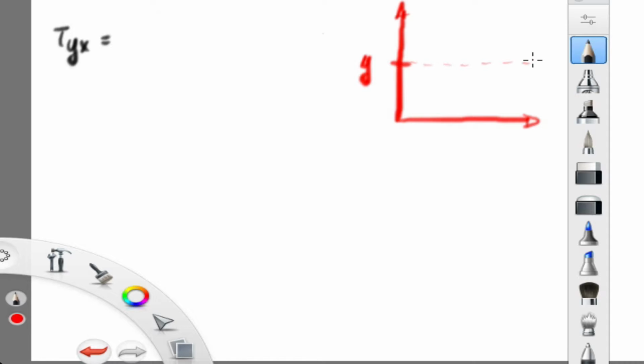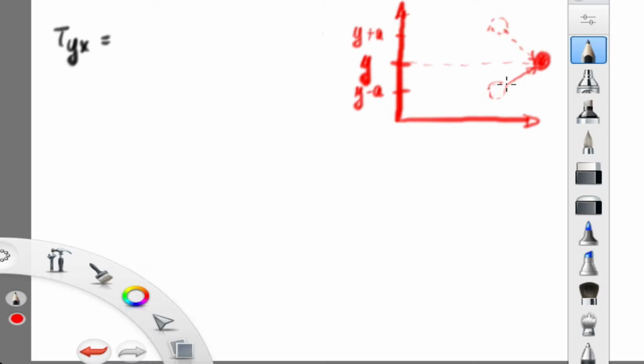Okay? So I have a molecule that is, for instance, coming in here. And it's either coming from y minus A or y plus A, right? So it either came from here somewhere, or it came from here somewhere.